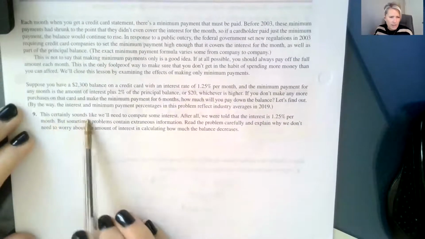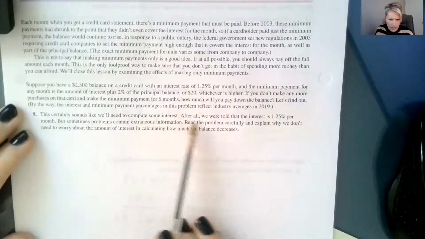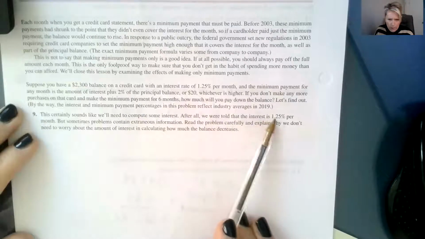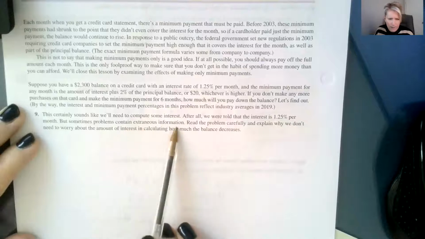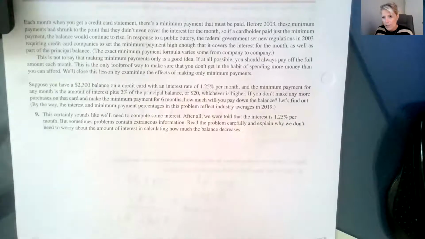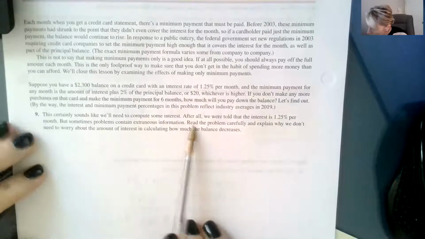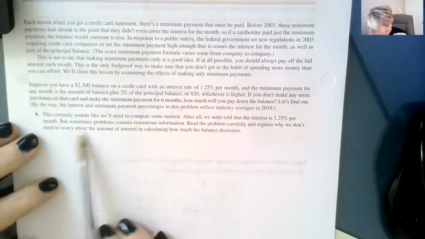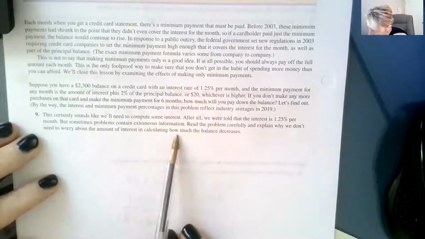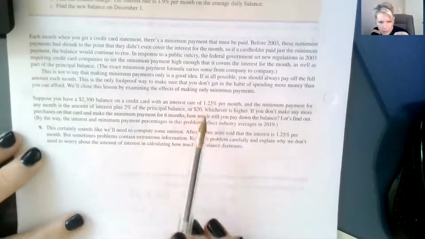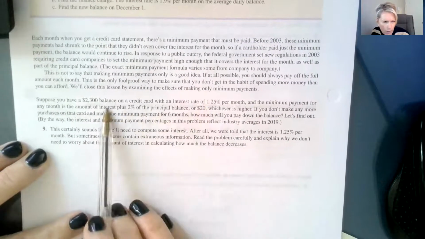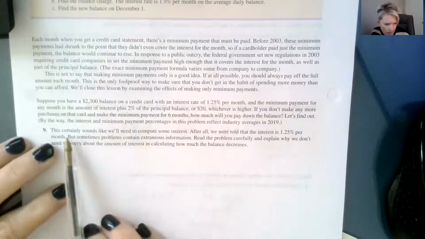It says, this certainly sounds like we'll need to compute some interest. After all, we were told that the interest rate is 1.25% per month, but sometimes problems contain extraneous information, meaning information that we don't need. Read the problem carefully and explain why we don't need to worry about the amount of interest in calculating how much the balance decreases. So this is the interest we're paying every month, but we're always paying down.